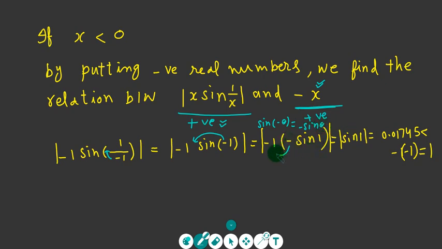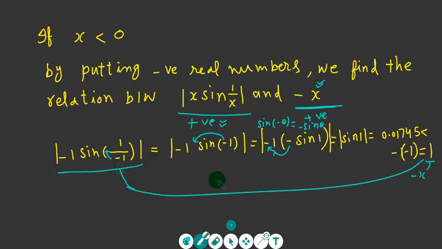We multiply minus by minus, we get a positive answer. Sine 1 is equal to 0.01745, which is also less than the minus x value, minus x. Minus into minus 1 is equal to 1, which is the value of minus x. Now we can write that this value and the minus x value have a less-than relation.